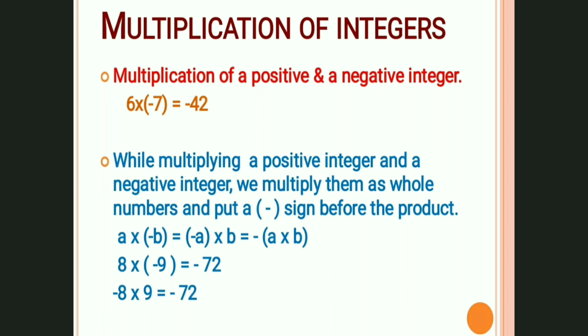Here is one more example. 8 multiplied by minus 9 is equal to minus 72, or minus 8 multiplied by 9 is equal to minus 72.